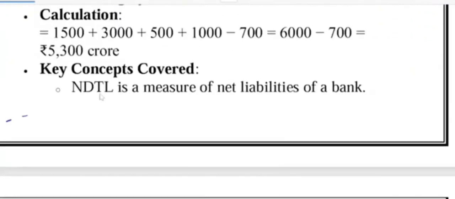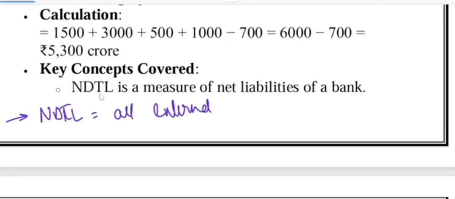So what we learned from this discussion is that whenever you are asked to calculate NDTL, just remember all external liability, because these deposits are a liability for the bank, because it has to pay interest on them. So you add all external liability and you subtract the asset with the banking system. Then this will give you NDTL.